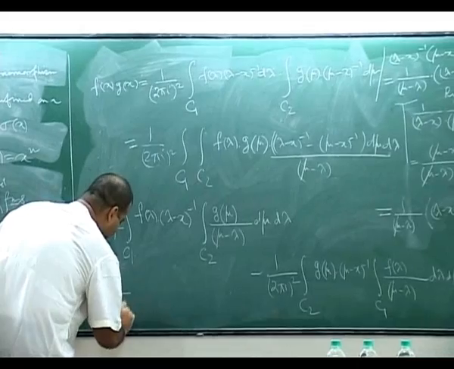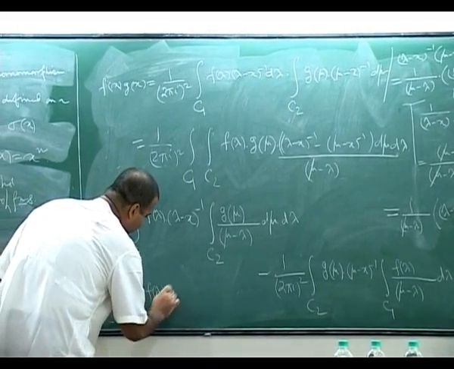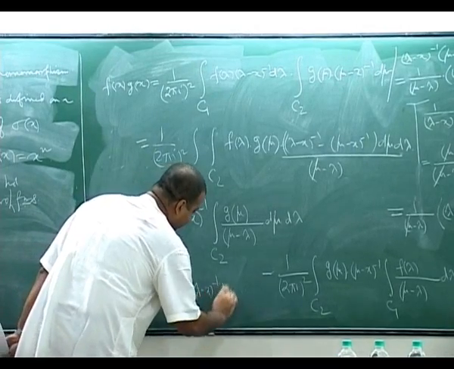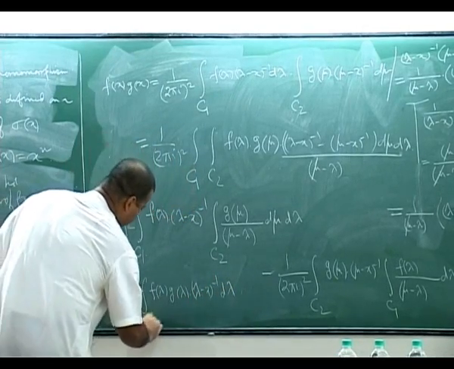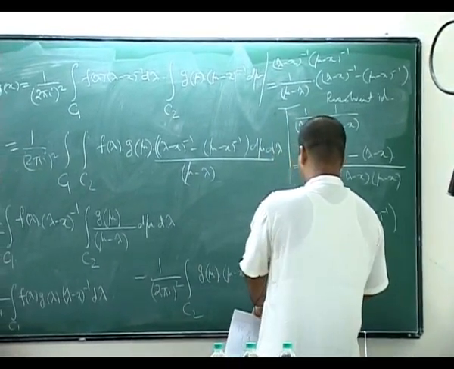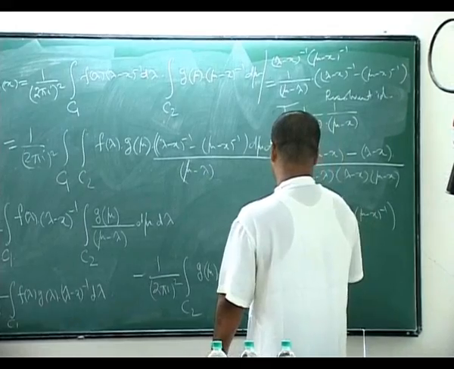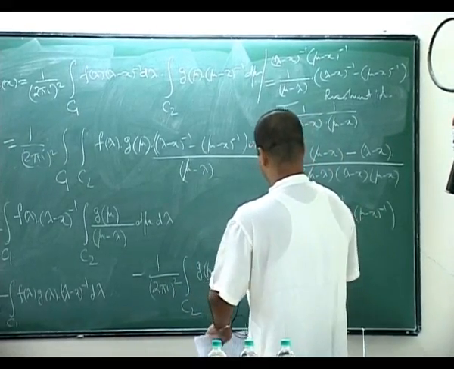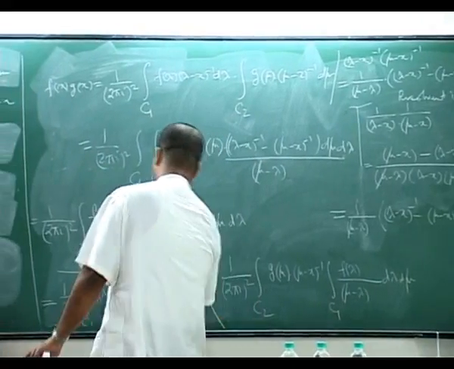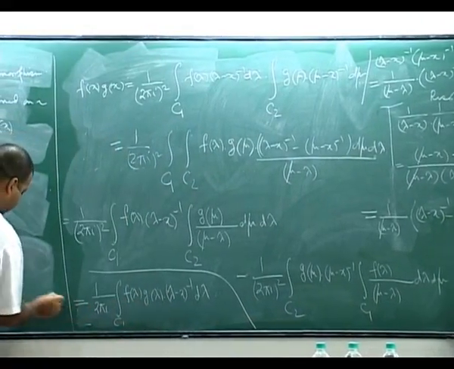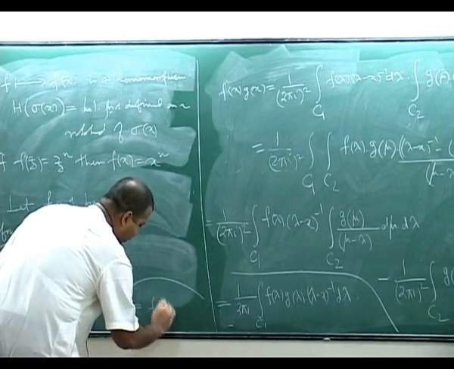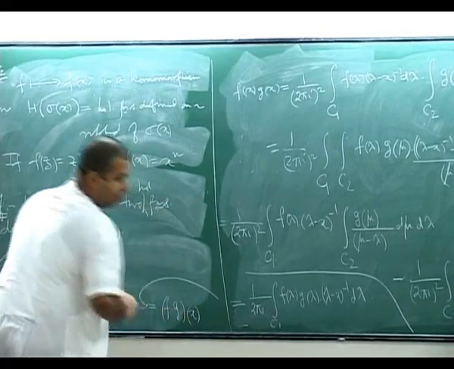So this first quantity is 2 pi i f lambda g lambda lambda minus x inverse d lambda, and this quantity is 0 because mu is outside that curve. So this integral is 0. And this is same as f dot g at x.